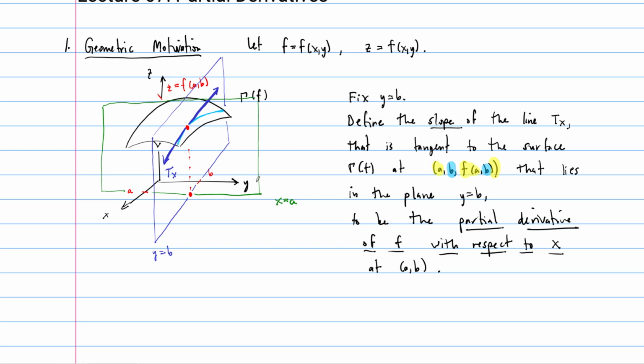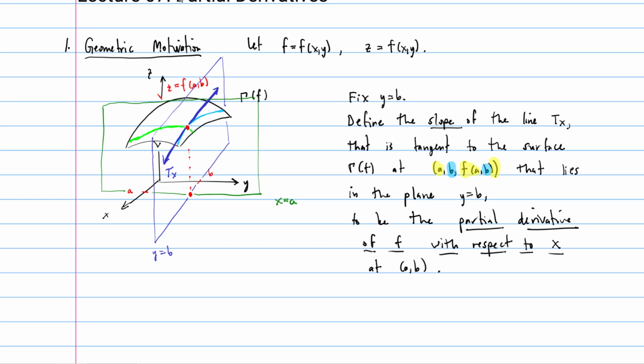We get a plane in the xyz coordinate space that is parallel to the yz plane. And then it cuts our surface, just as this one did, and maybe it cuts it like this, something like that.